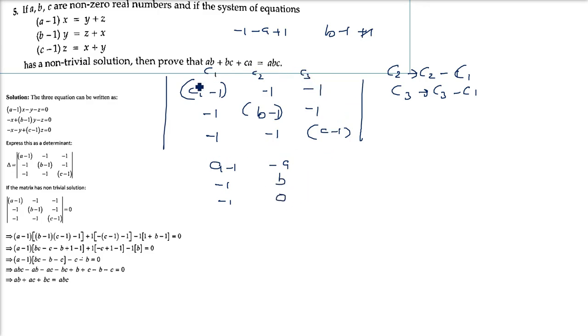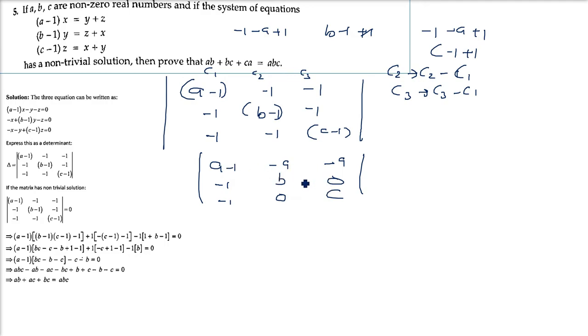Now C3 minus C1 we are doing. So minus 1 minus a plus 1, it is going to be minus a. Let us write it as minus a. Minus 1 minus of minus 1 is going to be 0. Second is 0, and c minus 1 minus of minus 1, c minus 1 plus 1 is going to be c. Now it has become somewhat easier, and let us open. You can easily get some more zeros, but let me open it here only.